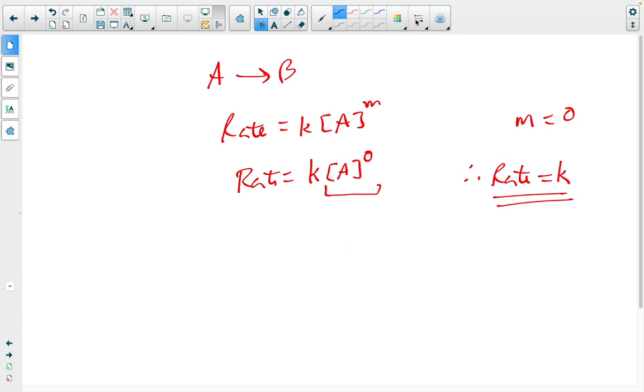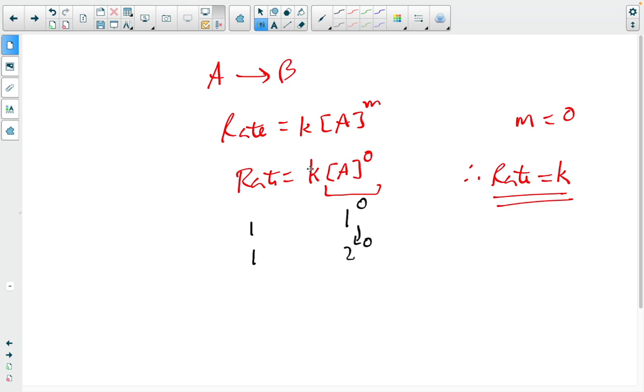Let's just take a quick look at an example here. Let's say I start with 1 mole per liter concentration of A, and my exponent is 0. My k is a constant, so I'm going to leave that aside. My rate will, let's just say, be 1. If I were to double the concentration of this reactant to 2, my rate would still be 1.